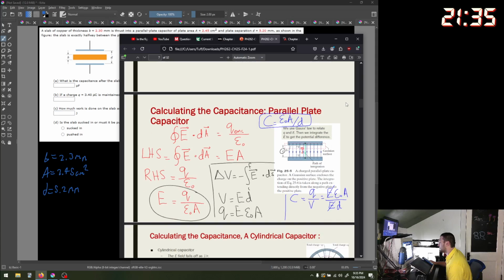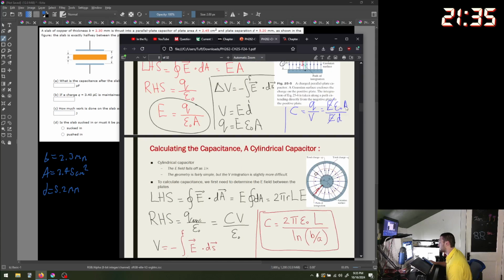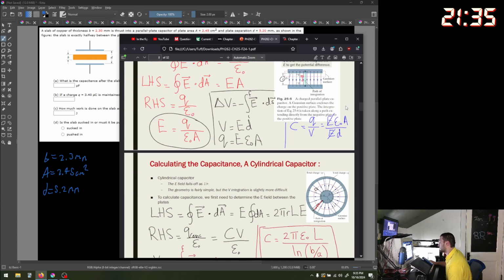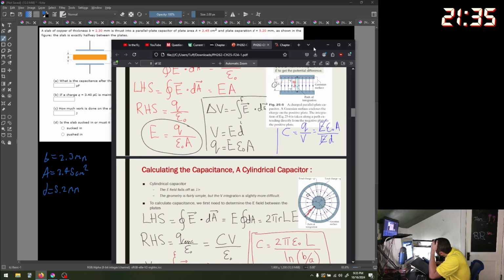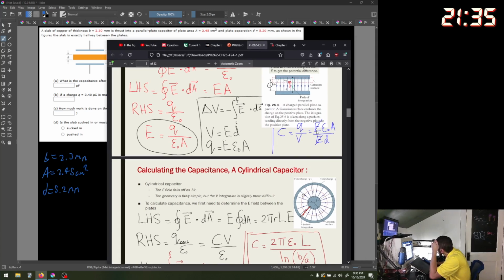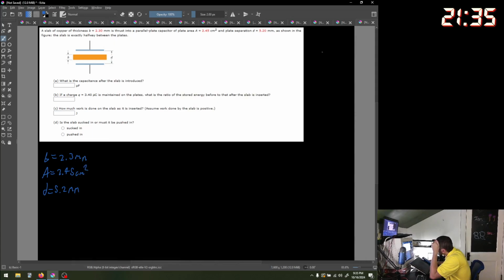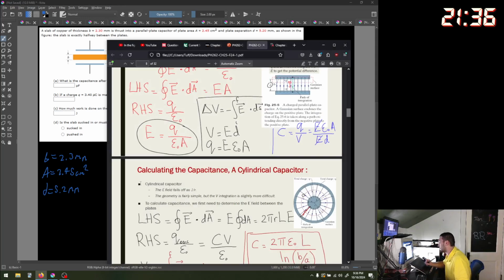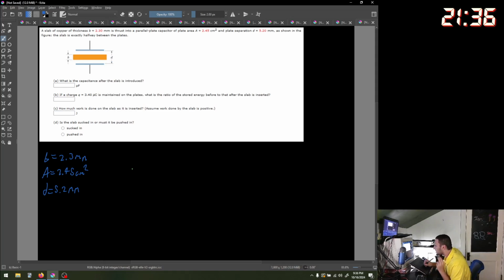This is parallel plate nonsense. The distance here is going to be different. I think it's going to be something like epsilon 0 A. So C equals epsilon 0 A over D minus B. Let's see what this gives us.